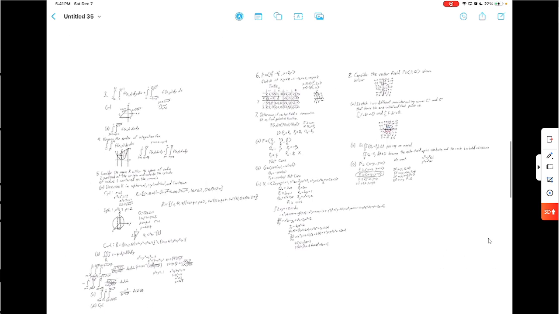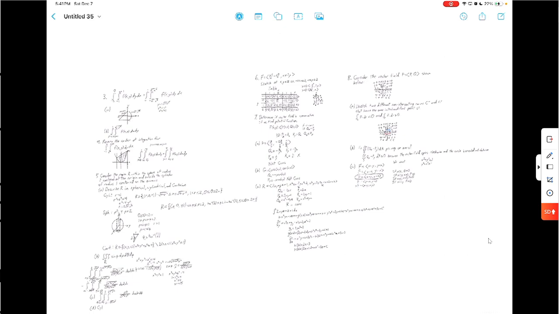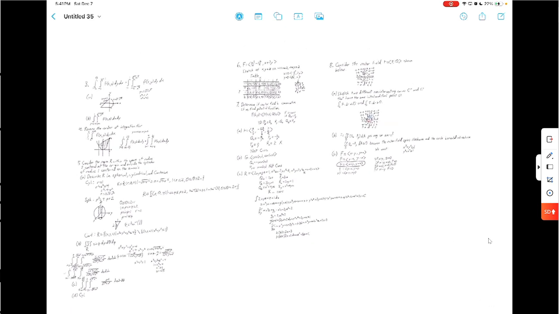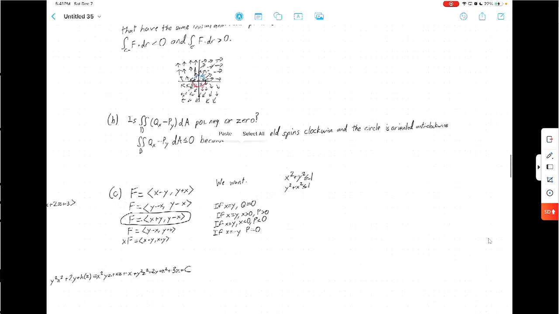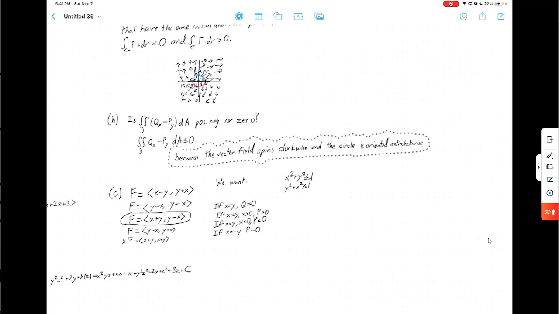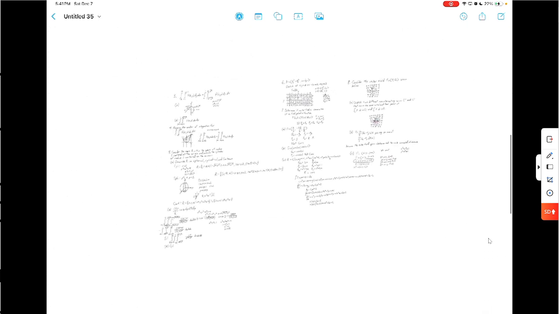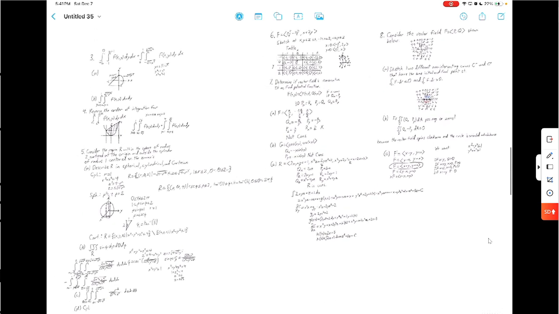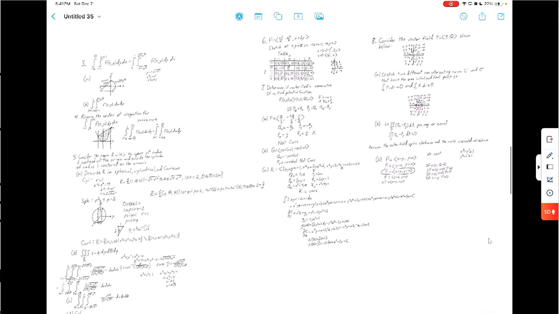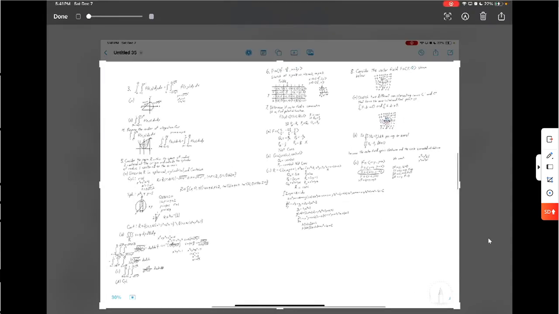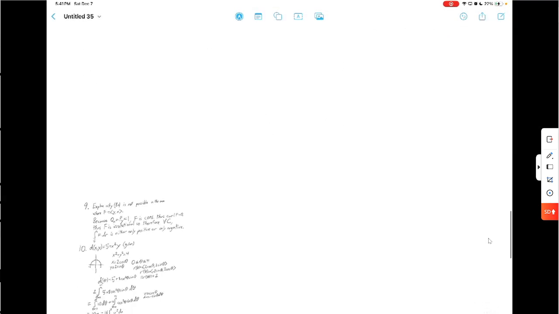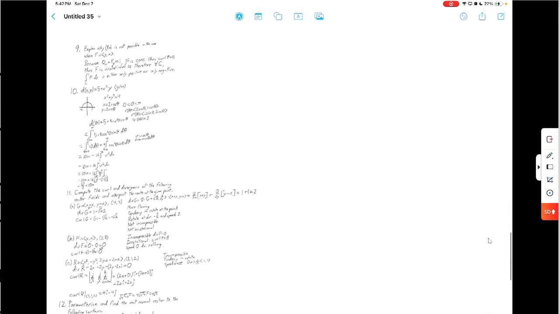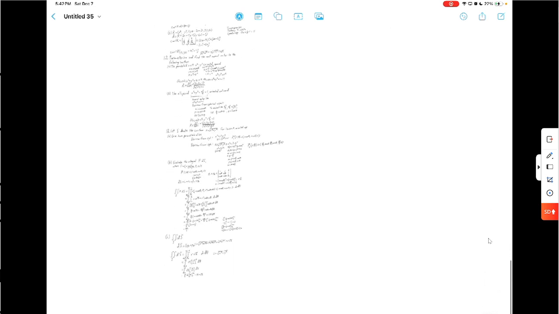Oh god, and this is not going to get any more zoomed in. Okay, I'm going to see if I can fit 9 through 13 in this.